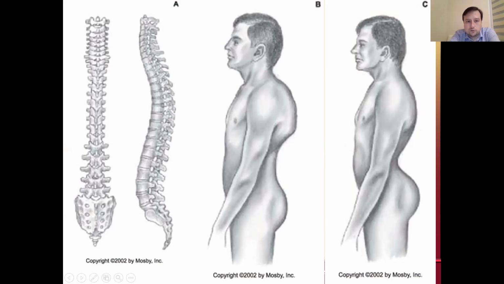We have two lordoses and two kyphoses normally. There can also be scoliosis, a change of the spinal column into lateral positions. There can be kyphoscoliosis, and so on.